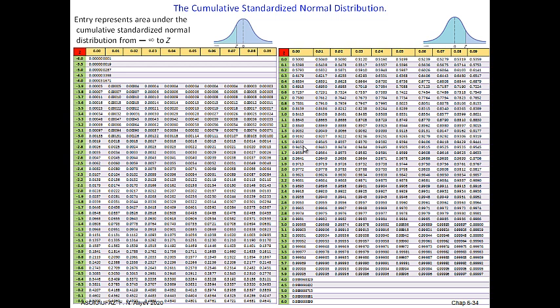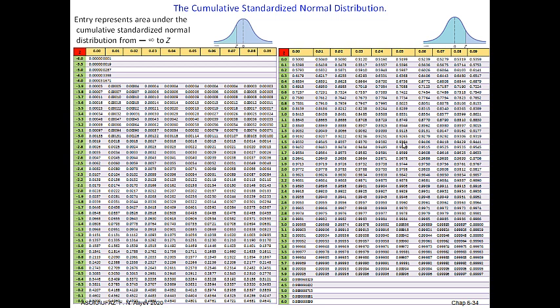Suppose that we want to calculate the probability of z less than 1.65. Because it is a positive value, we take 1.6 from here, and the second decimal number here, 1.65.